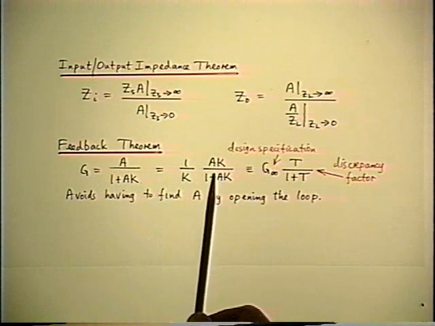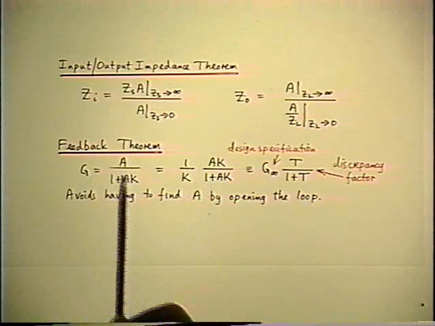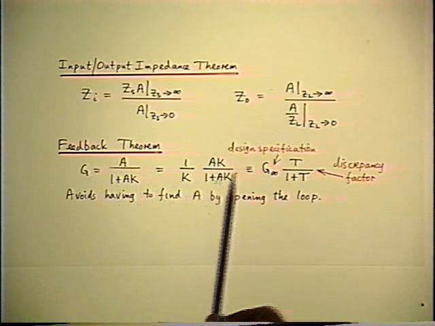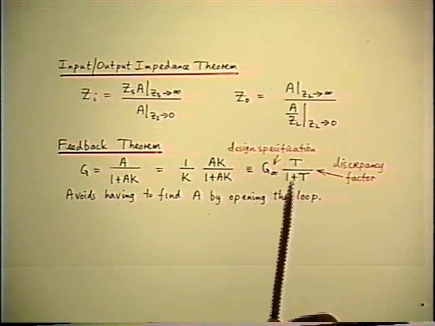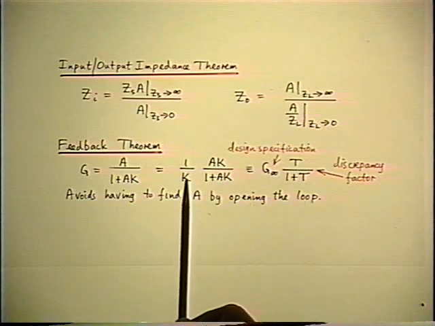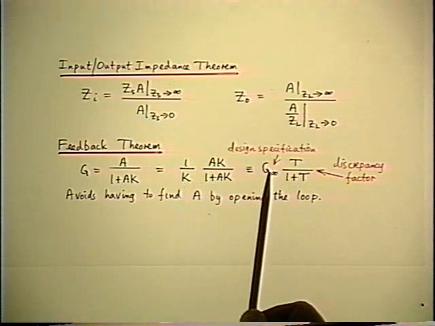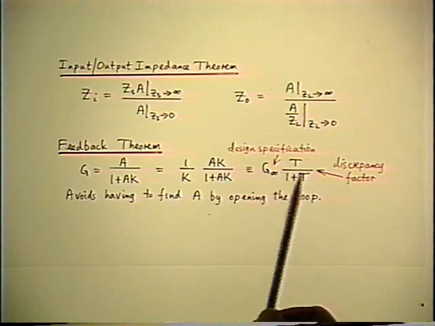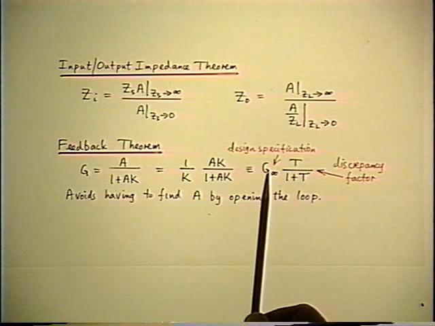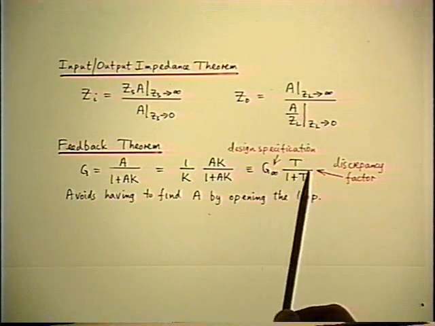And it takes one very simple little modification. Multiply top and bottom of this expression by K. So now we have T over 1 plus T. And the quantity in front is 1 over K. And it has a very simple, direct physical interpretation by looking at the other factor. Suppose you could design a perfect feedback system that had infinite loop gain.